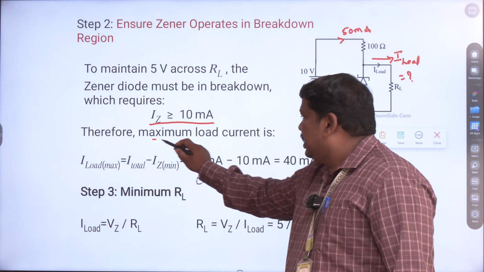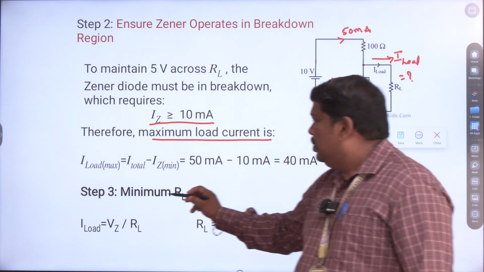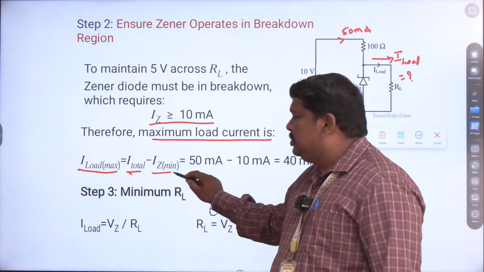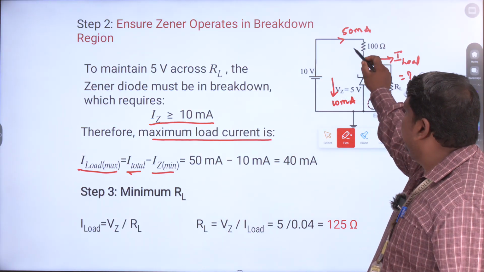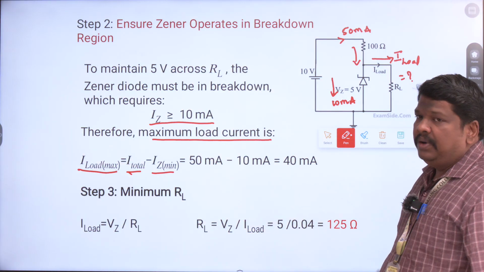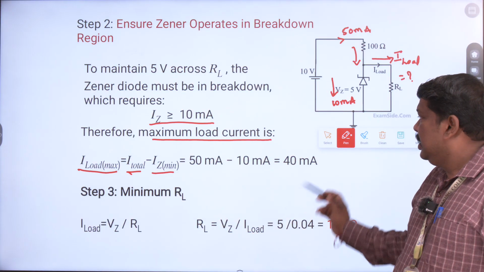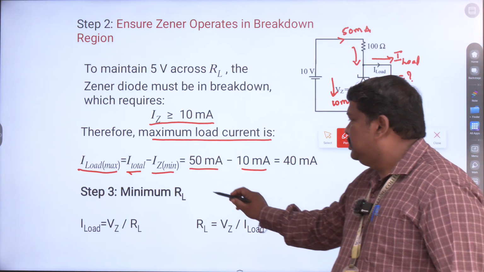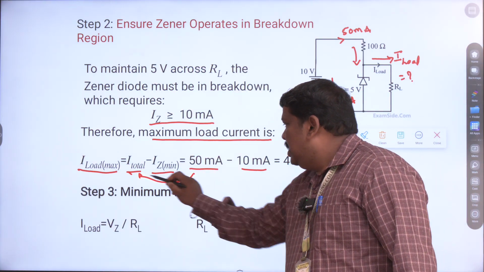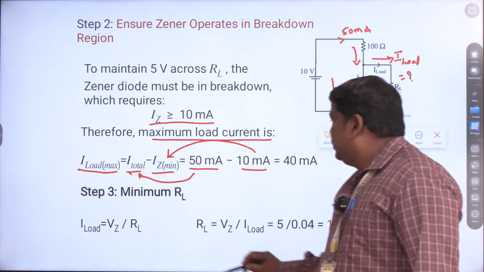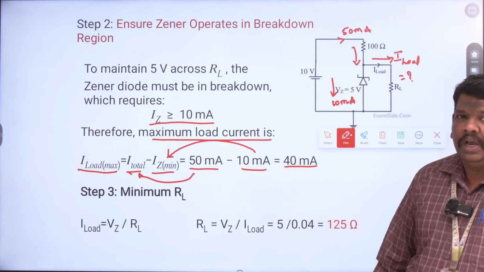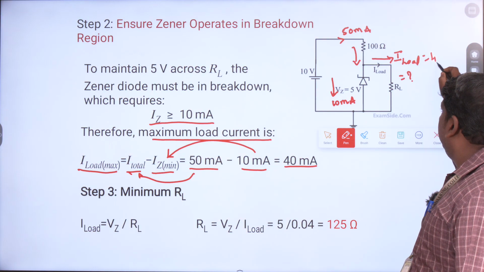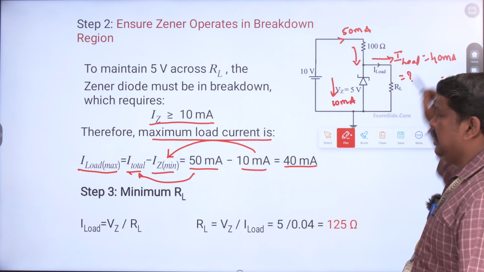According to Kirchhoff's law, the sum of the currents entering a node is equal to the sum of the currents leaving. So 50 milliamps, the total current, minus 10 milliamps, the Zener minimum current, gives 40 milliamps flowing in your load resistance.